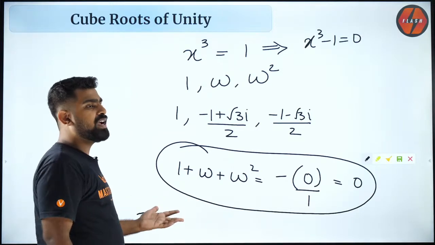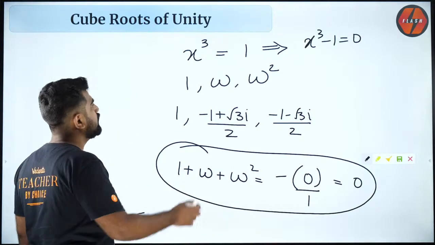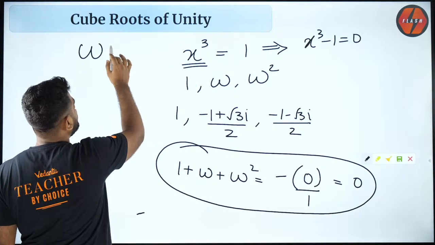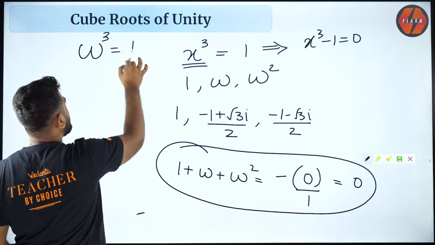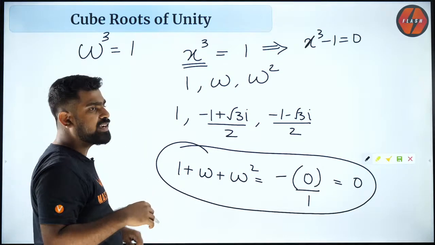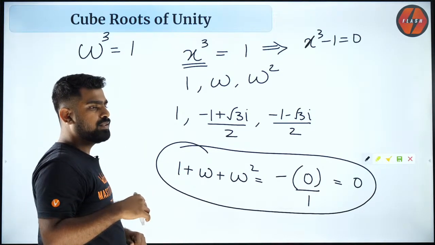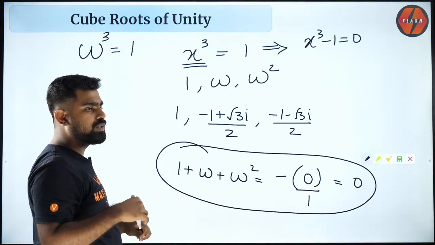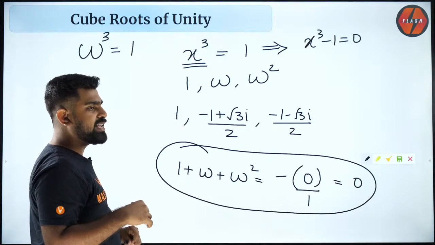How omega square? Because if omega is a root, can I say omega cube is equal to 1? Can I say that? Are you all able to follow that? Yes?